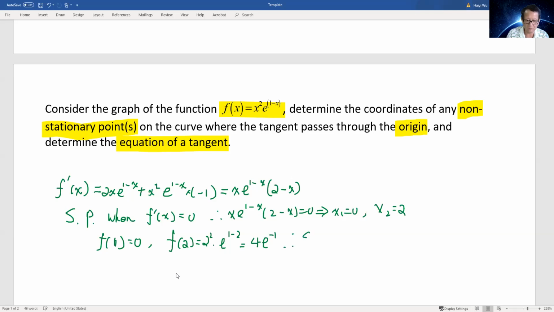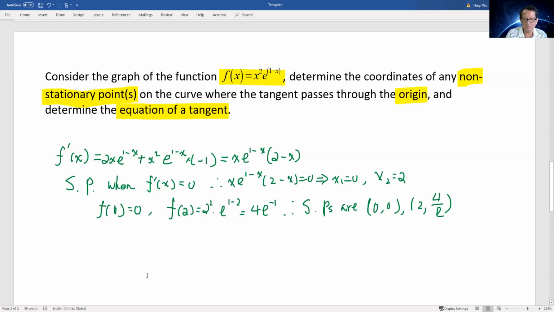Therefore the two stationary points are the first one, (0, 0), and the next one, (2, 4/e). So those are the two stationary points.